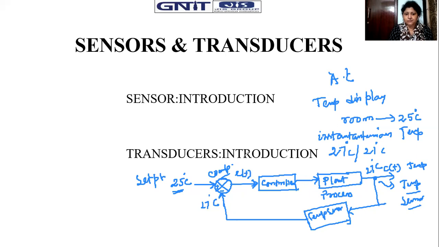What is the error now? Obviously our temperature has to be decreased, right? That's why the error will be 25 minus 27, that's minus 2. Minus 2 is indicating to the controller input that whatever manipulation is done by the controller, the respective output will come to the plant such that the temperature may be decreased.